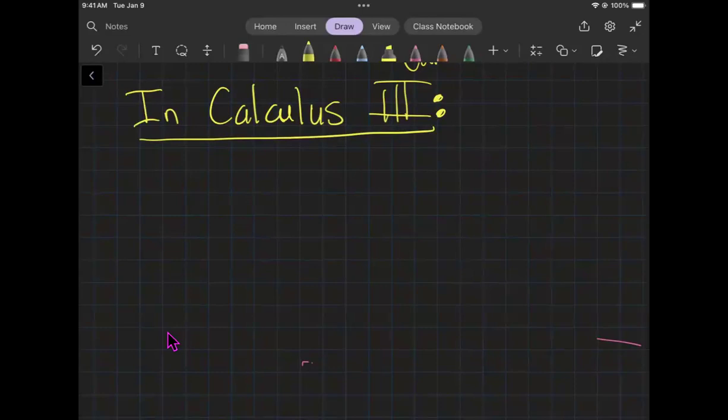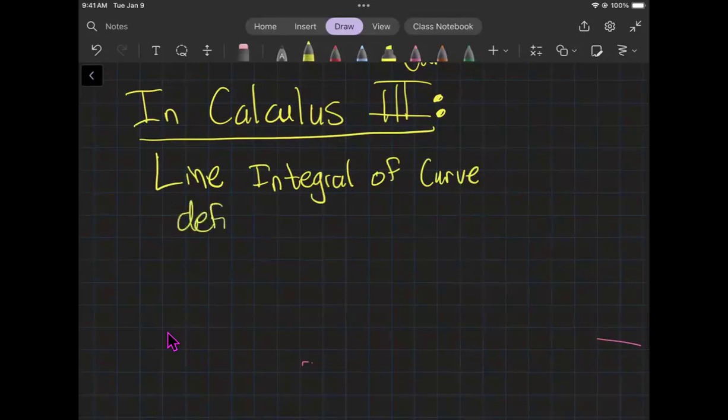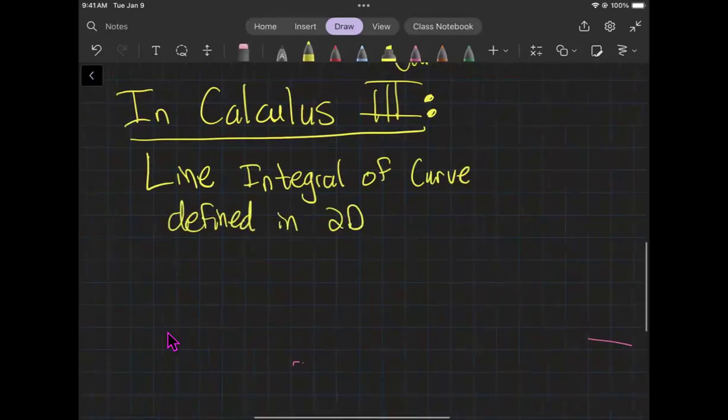You looked at how to compute what's called a line integral, a line integral of a curve defined in 2D with a function f of x y.